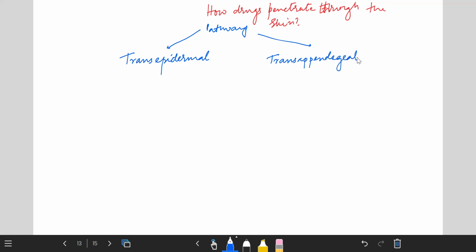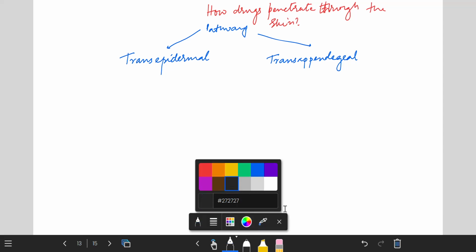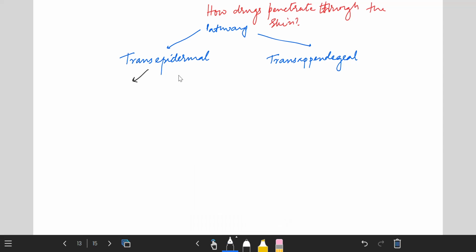And the second one is transappendageal. Okay. Now this transepidermal route, actually in this, penetration of molecules through the stratum corneum occurs. And it is again subdivided into two categories. One is intra and the second one is inter. Okay.